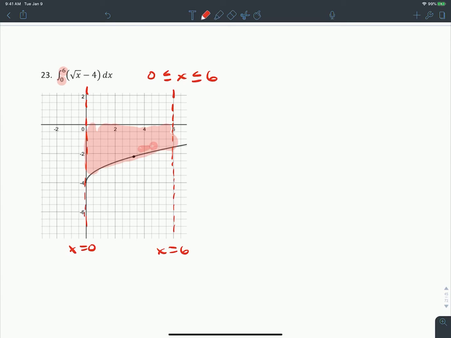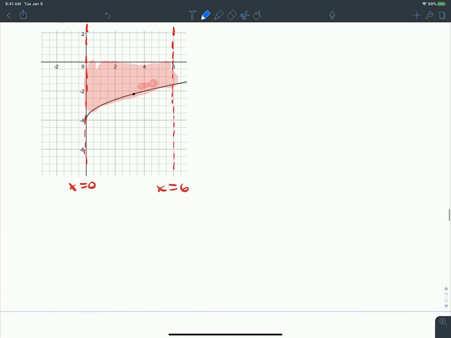So the area is going to be negative, so we're going to expect some negative area. So the integral from 0 to 6, x to the 1/2 minus 4 dx.